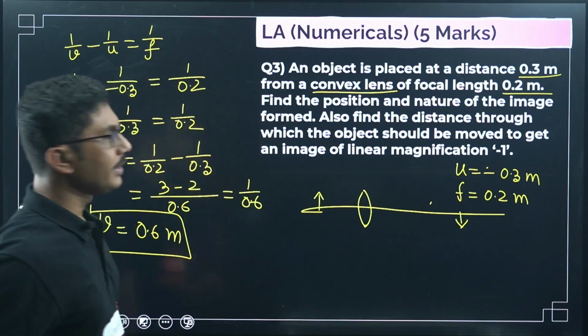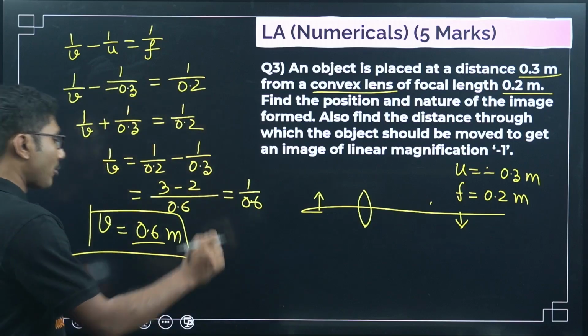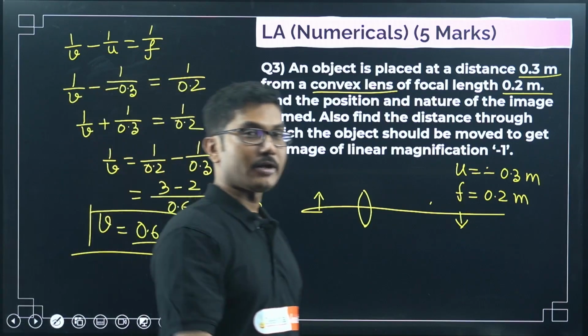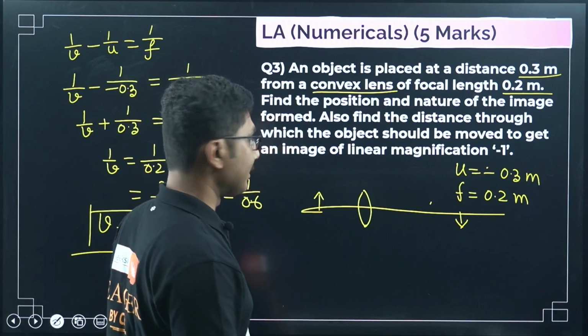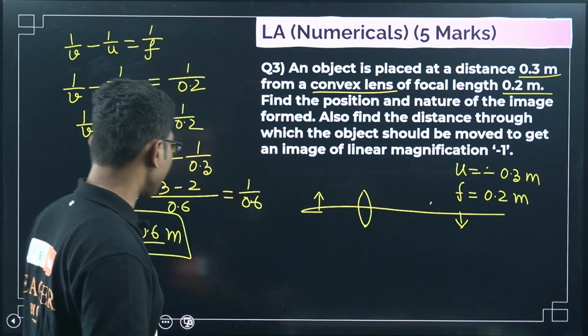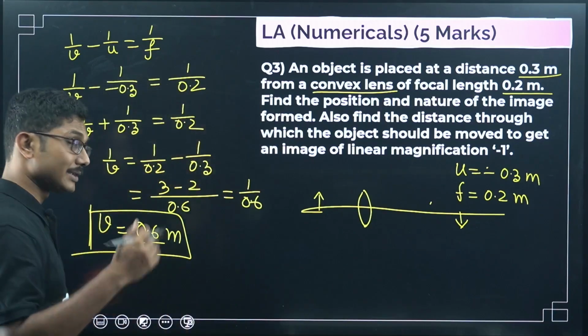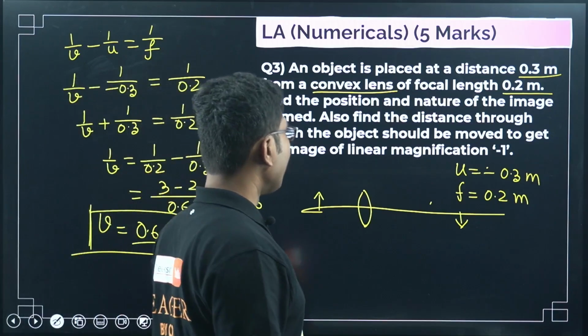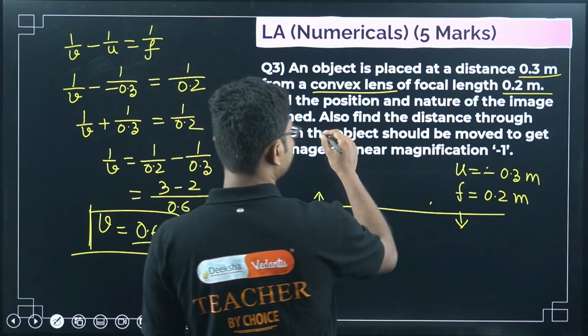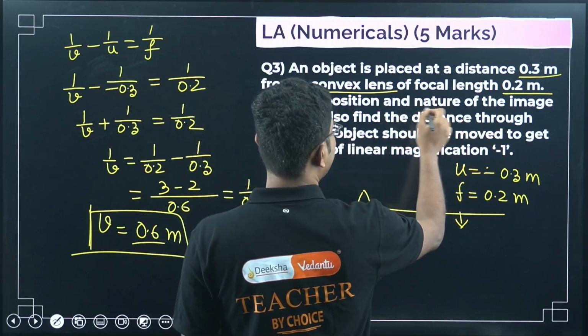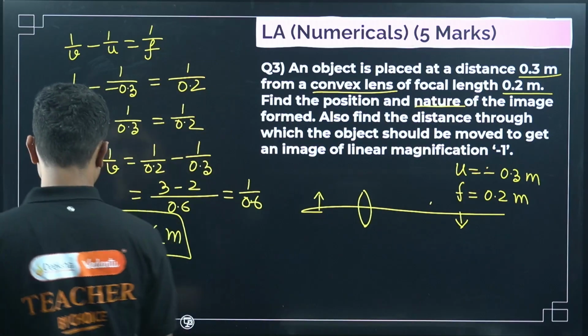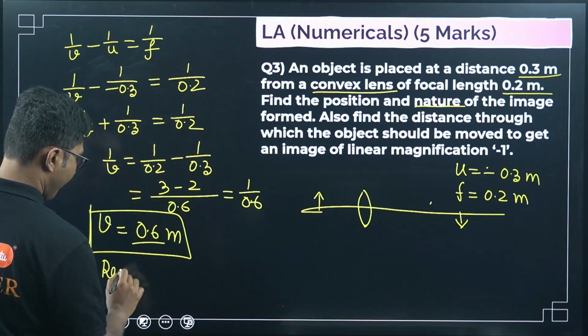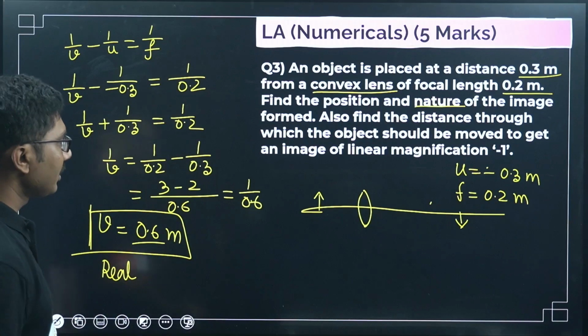So image will be at a distance 0.6 meter on the opposite side of the lens. You have to mention that 0.6 meter on the other side of the lens. Now this part is done. Nature is, it's a real image, definitely a real image.